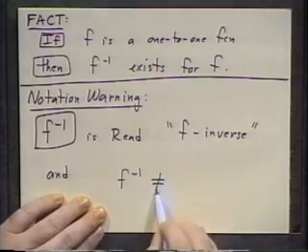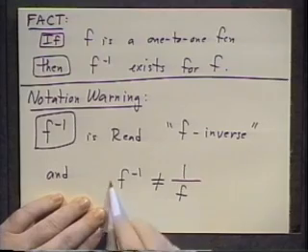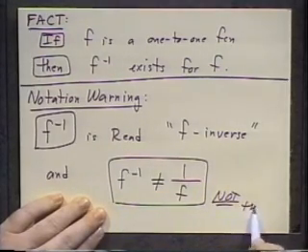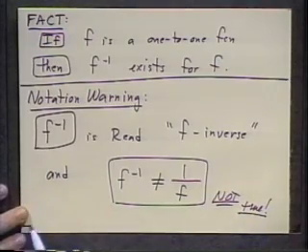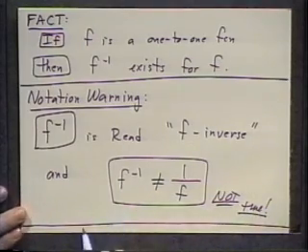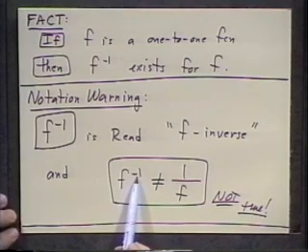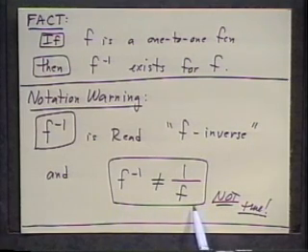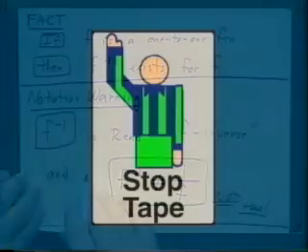But in this case, f inverse is not the same thing as 1 over f. Not true. Do not use that. When the -1 is used in the context of a function, it means the inverse function. It does not mean 1 over f. So be a little careful with that.